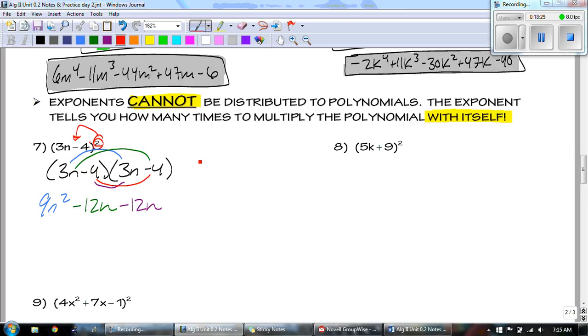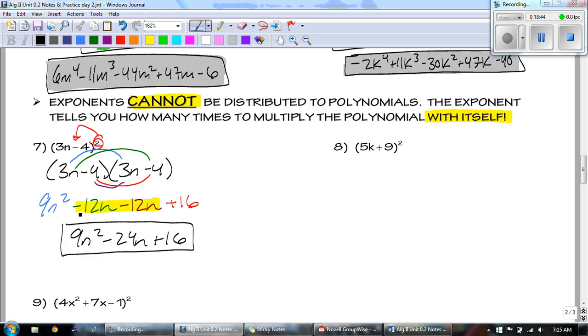And then negative 4 times negative 4 is a positive 16. Combine your like terms, and we get 9n squared minus 24n plus 16. Okay? So the exponent is just telling you how many times you need to write that polynomial.